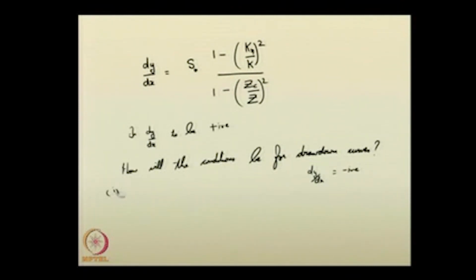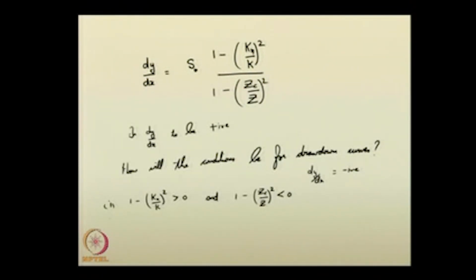Therefore, the conditions are: one minus k n by k whole square should be greater than 0, and one minus z c by z whole square should be less than 0.